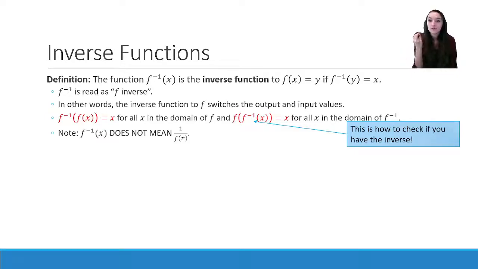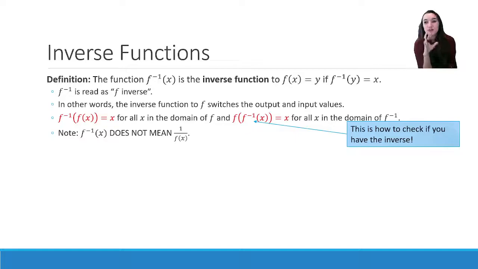This means that f to the -1, or f inverse of x, does not mean 1 over f of x. This is one of the very common mistakes: people see that -1 and think, oh, exponents. But that -1 exponent is an inverse with respect to multiplication.